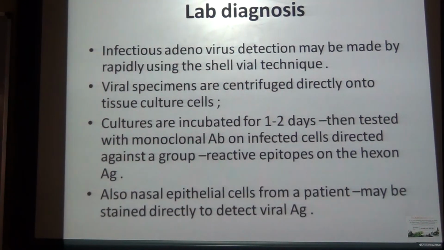Then the viruses can be cultured in shell vials. There is another technique of culturing of the viruses, in which the viral specimens are centrifuged directly onto tissue culture cells. These are just the methods, just to remember the names.